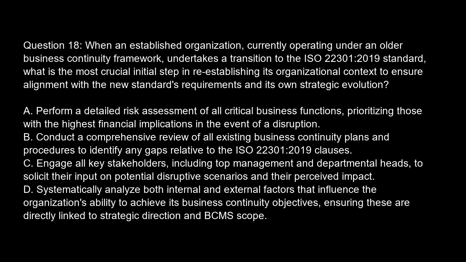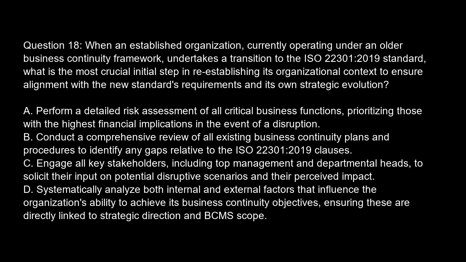Option A. Perform a detailed risk assessment of all critical business functions, prioritizing those with the highest financial implications in the event of a disruption. Option B. Conduct a comprehensive review of all existing business continuity plans and procedures to identify any gaps relative to the ISO 22301-2019 clauses.